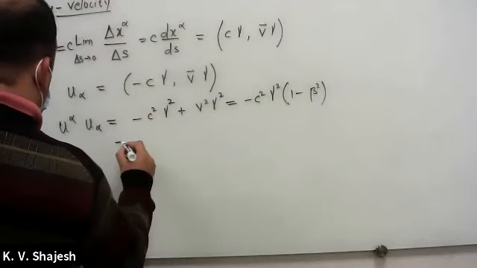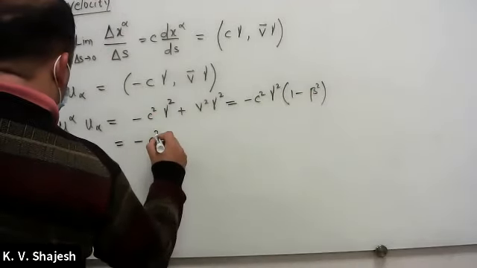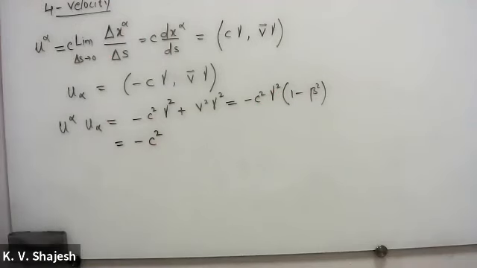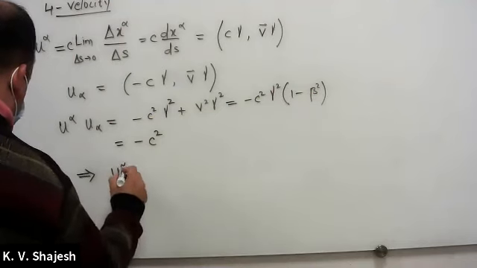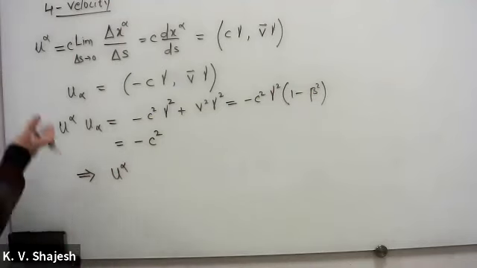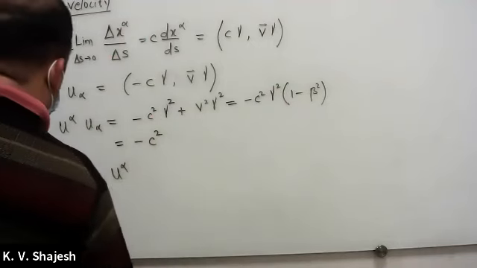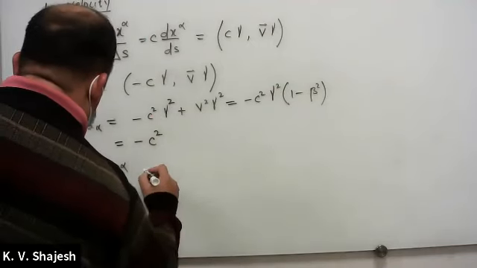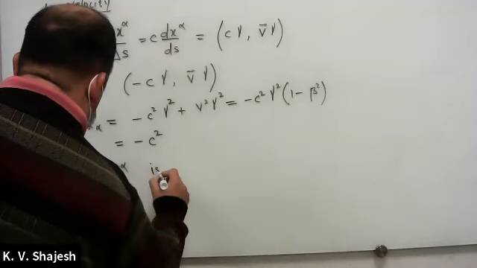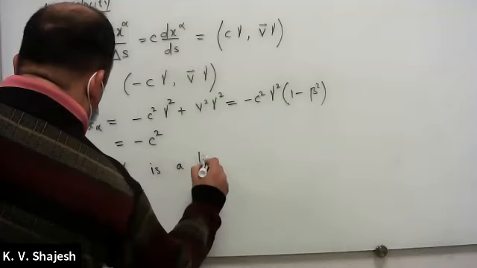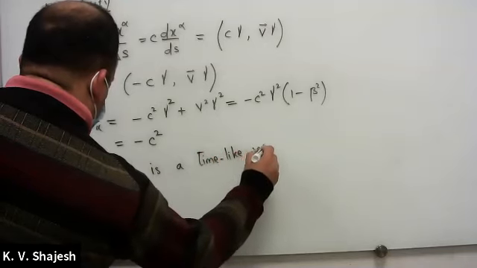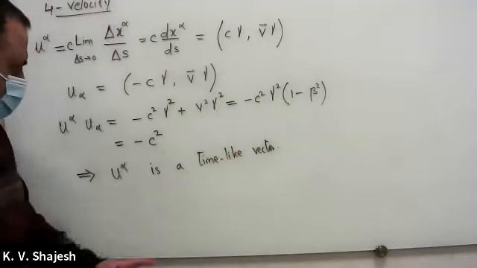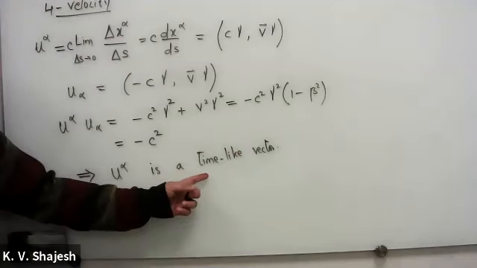So this is equal to minus c squared. That suggests that this is time-like. So this implies that u alpha, or for that matter, it doesn't matter whether you talk in terms of superscript or subscript, u alpha, which is a four velocity, is a time-like 4 vector.